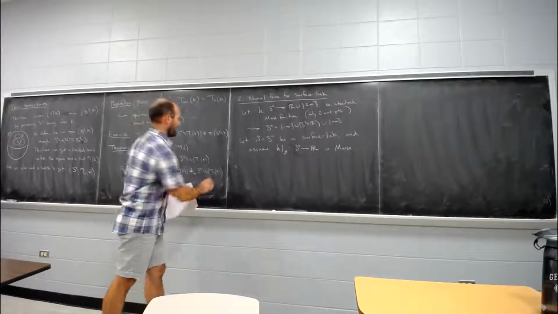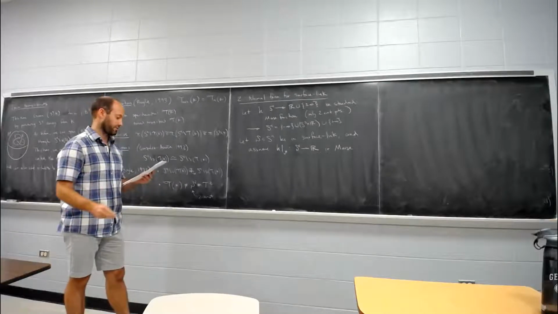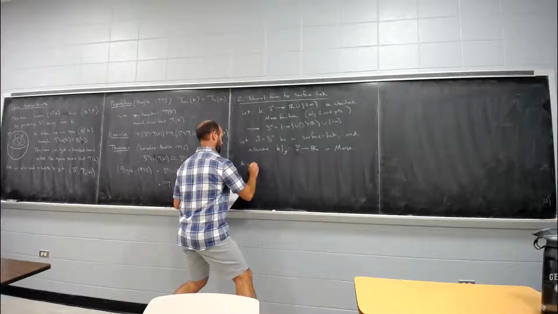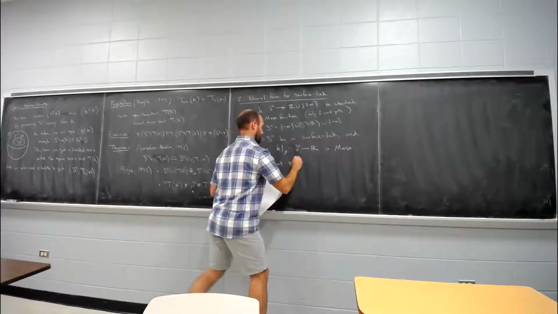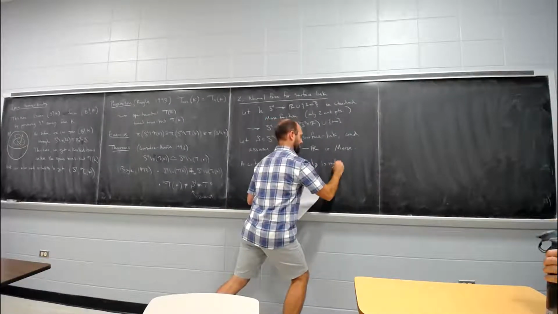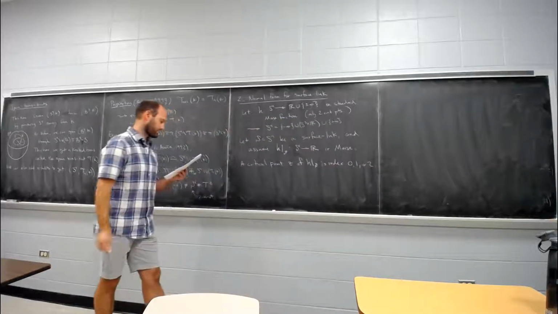Okay, so the first thing we're going to do is talk about critical points of Morse functions on surfaces. The critical point Z of this Morse function is either index 0, 1, or 2.